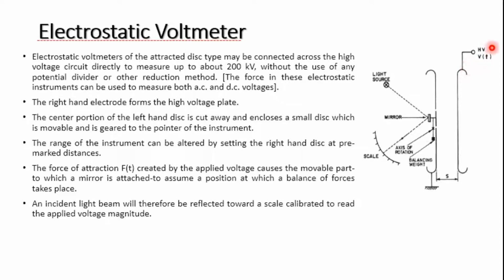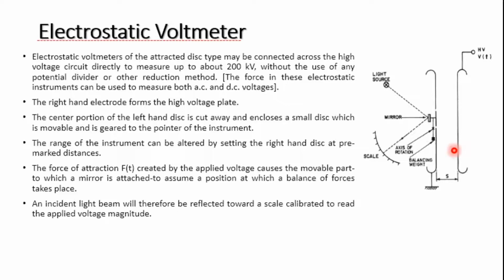The right hand side is connected to the HV, and the left portion of the disk is cut away and encloses a small disk which is movable and is geared to the pointer of the instrument. The range of the instrument can be altered by setting the right hand disk at pre-marked distances.